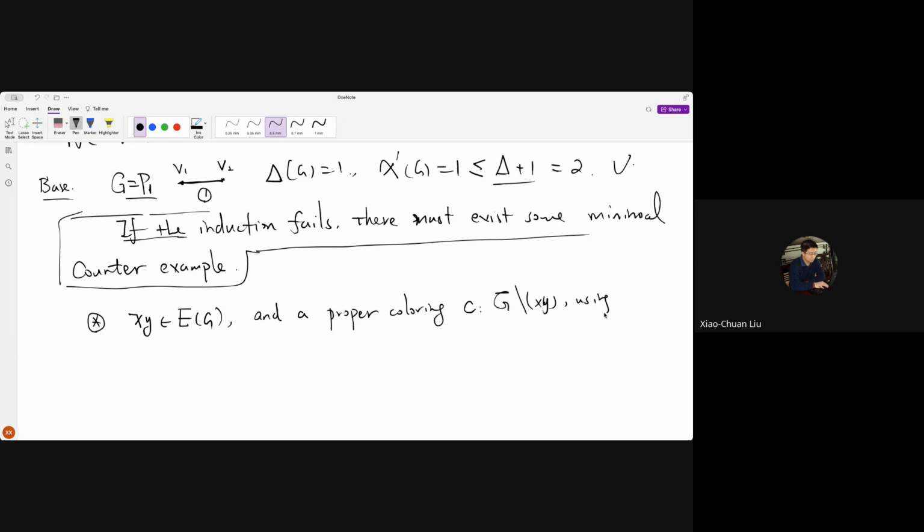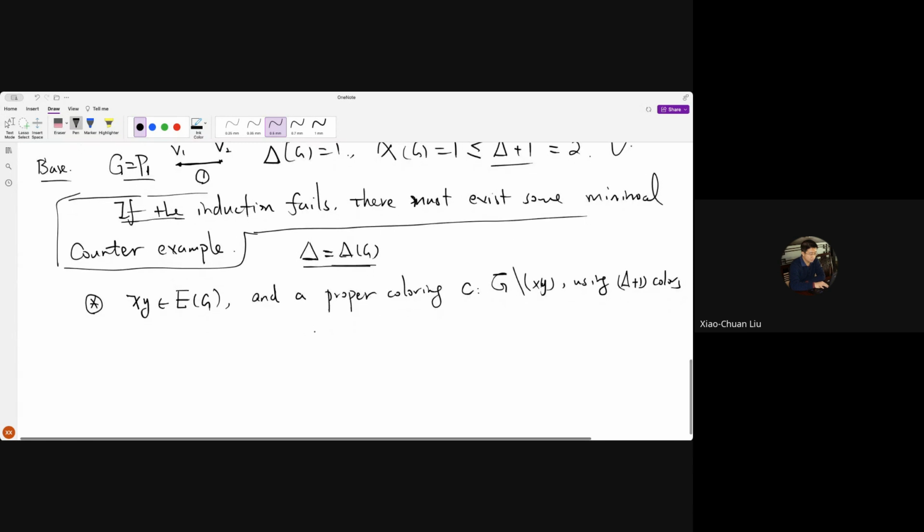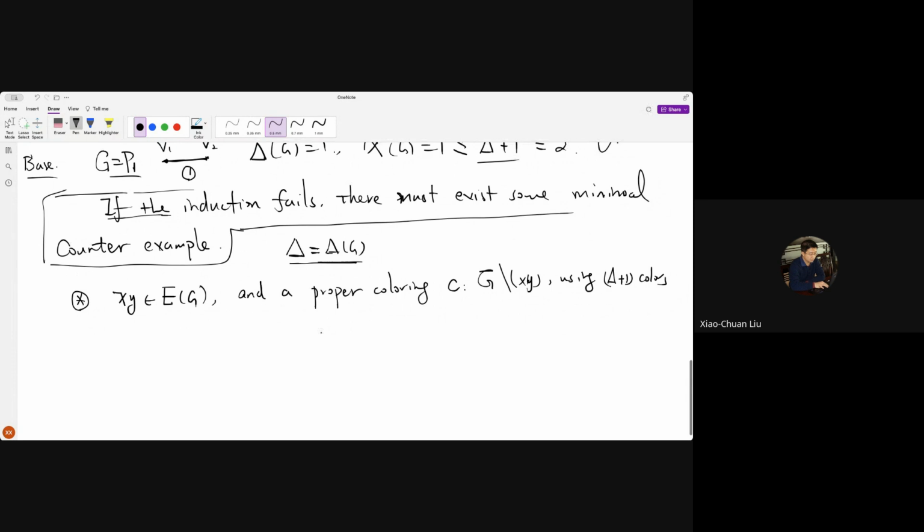So we assume delta equals delta of G, the maximum degree. But G is not delta plus 1 colorable. This is just a translation of what I said here.